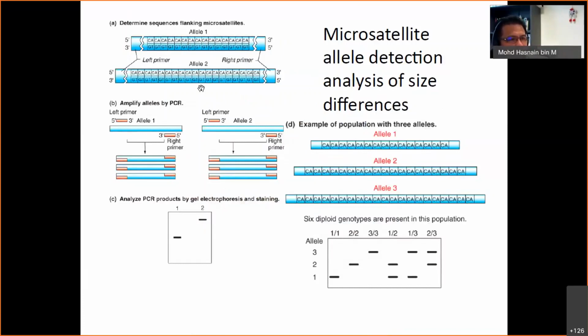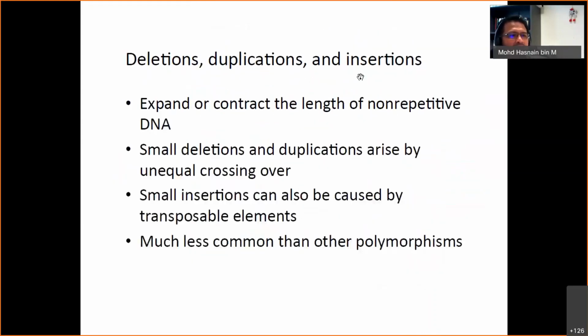In the other parent, during replication, some are inserted, so they become longer. So deletion, duplication, and insertion will expand or contract this repetitive DNA. Okay, and then crossing over can also cause deletion and duplication, and insertion by transposable element can also cause deletion and insertion. Okay, and it is much less common than other types of polymorphism. So it is less common for this one to cause polymorphism.